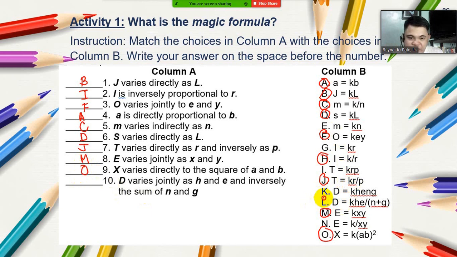So the correct answer here is letter L. D is equal to KHE over N plus G. In this activity, we're now able to translate variation statements into equations.